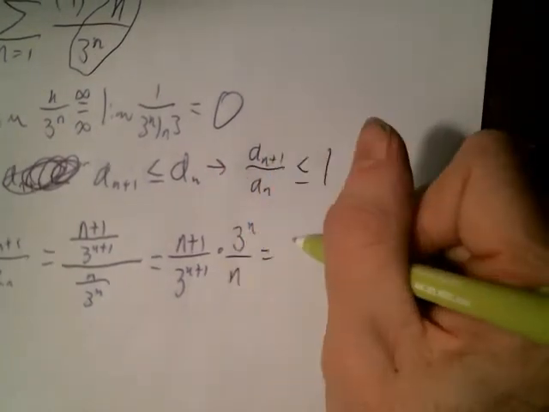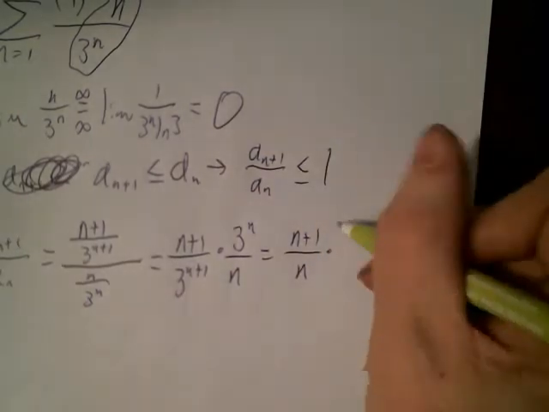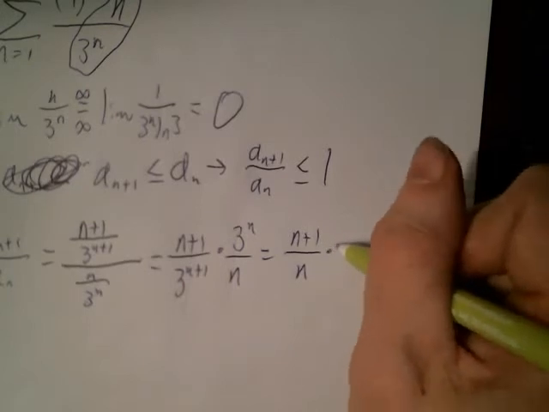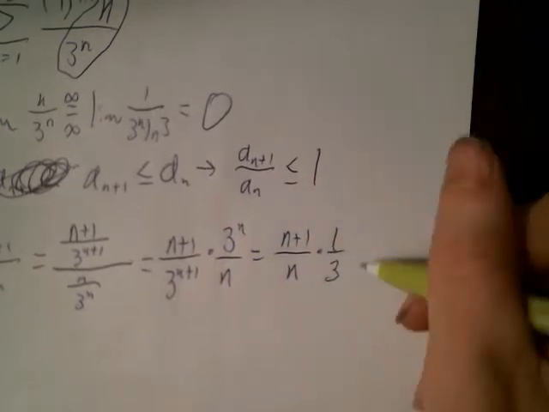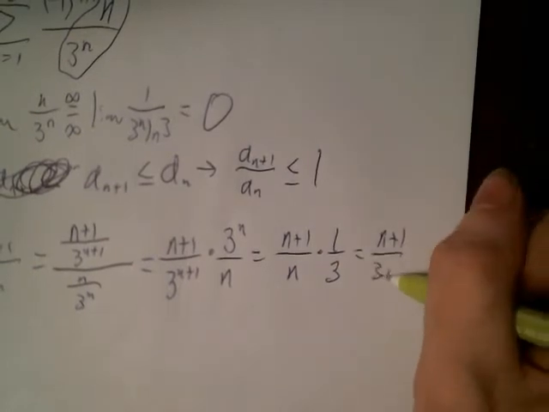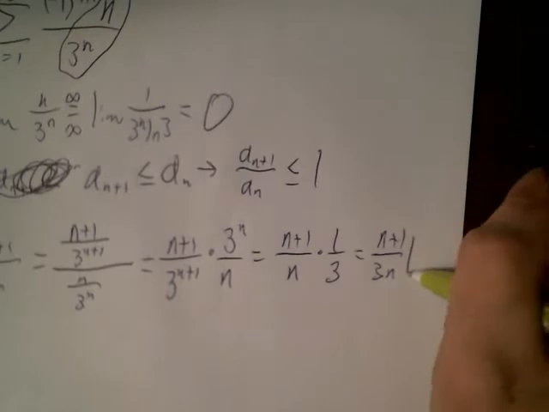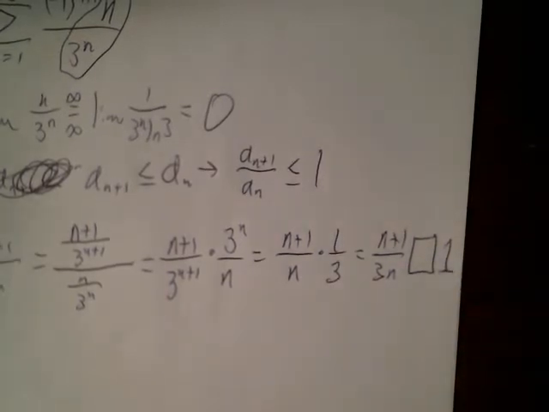Simplify that: I have n plus 1 all over n times 1 all over 3, which will equal n plus 1 all over 3n. And you want to compare that to 1.